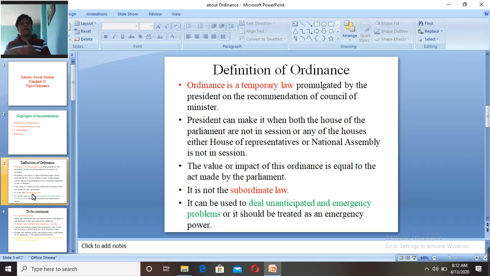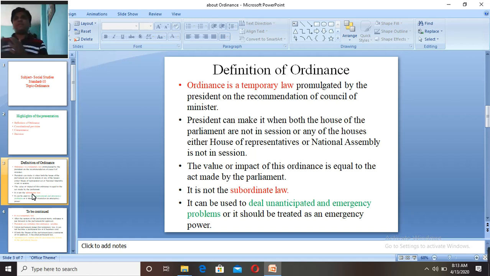Legislature is the law-making organ of the state. Yes, in democratic nations there are three organs: legislature, executive and judiciary, and constitutionally they have different functions and powers. So ordinance is a temporary law made by the executive, not by the legislature.